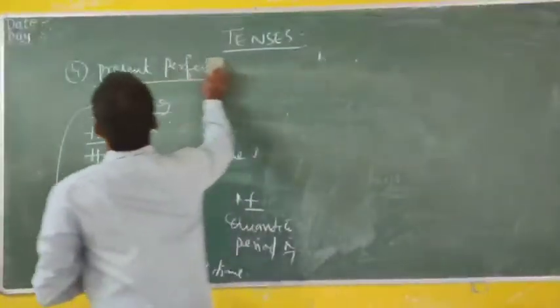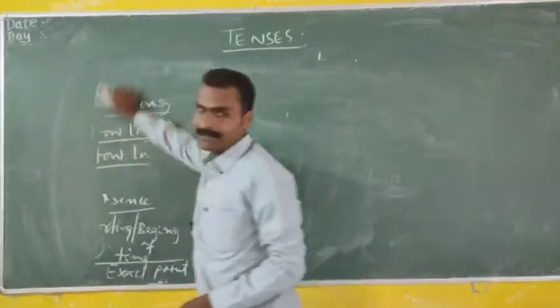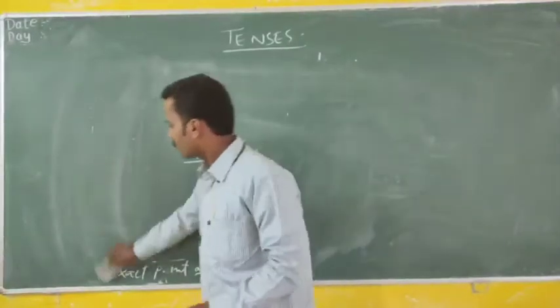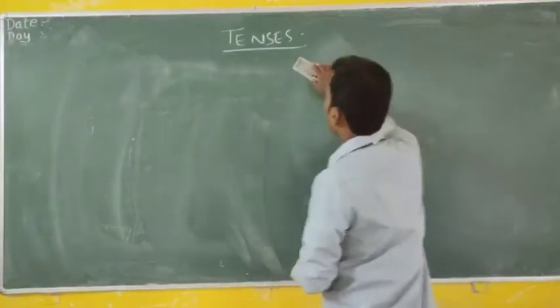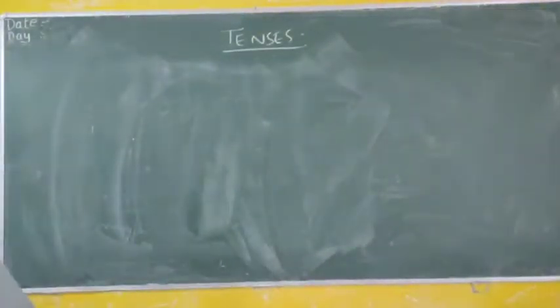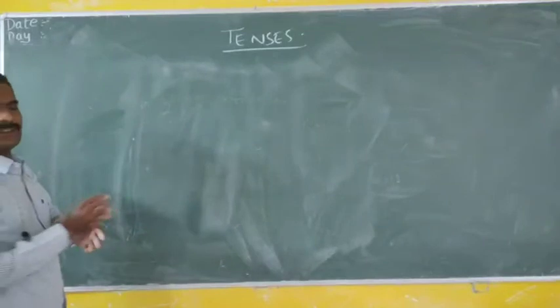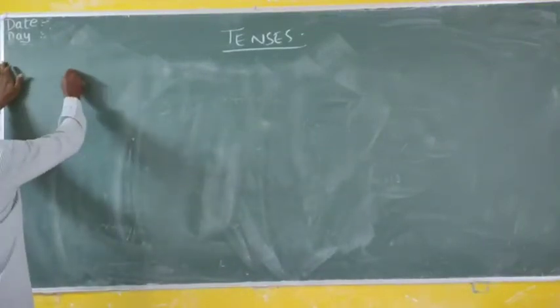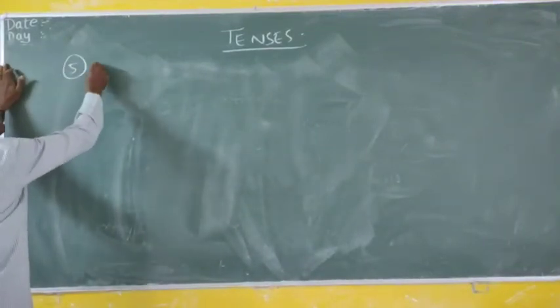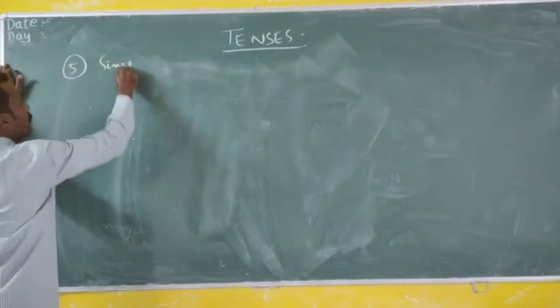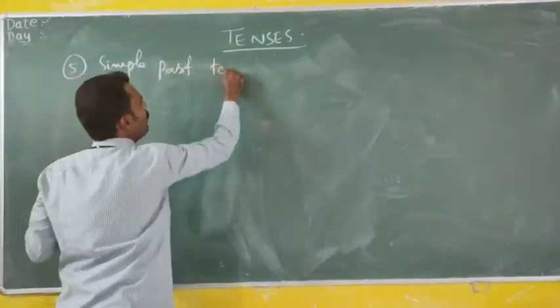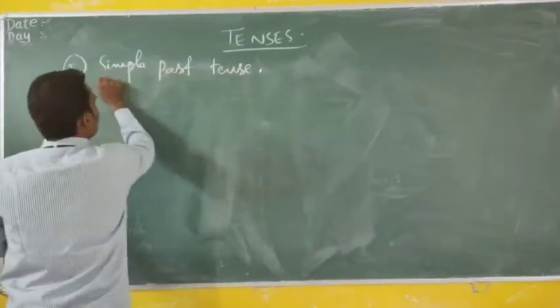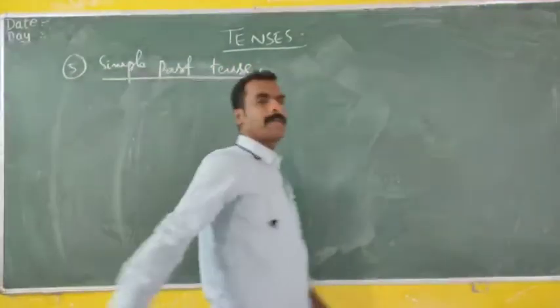Let's see the past tense. The first tense of the past tense, number 5, is simple past tense.